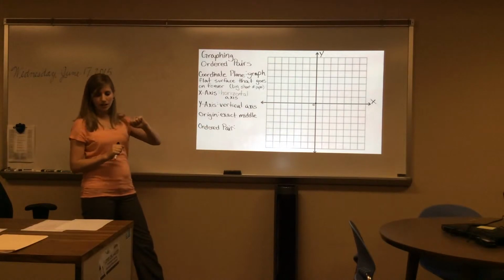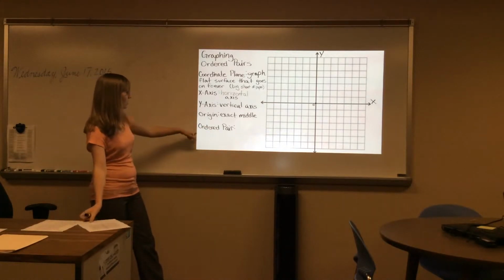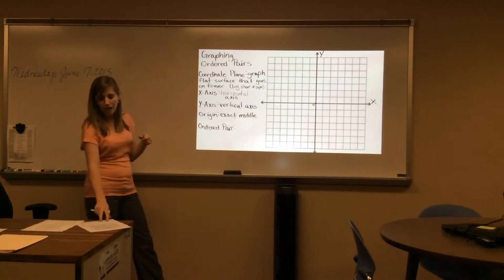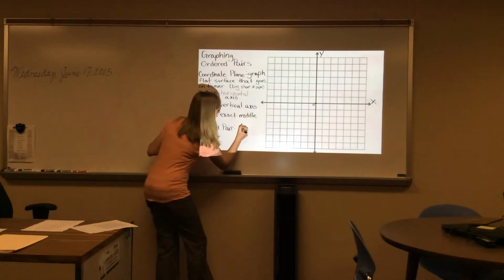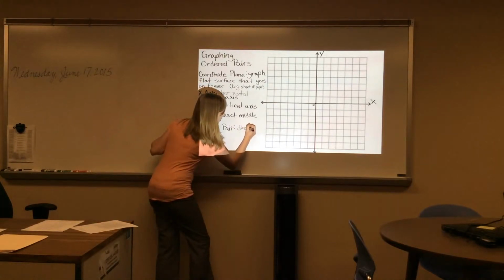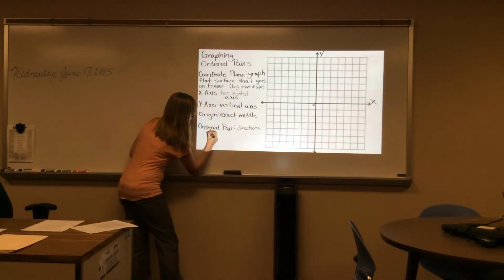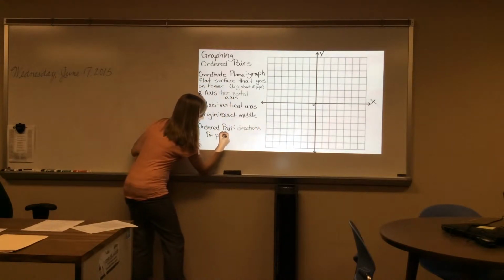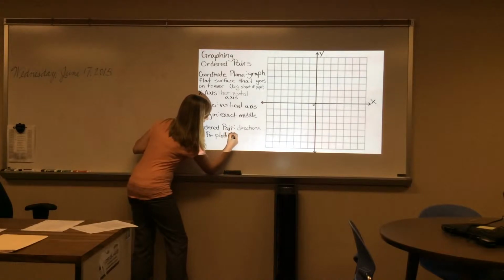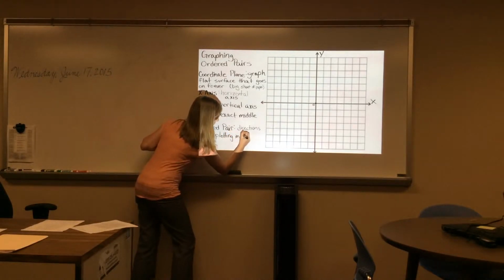And then last but not least is what we're graphing today, the ordered pair. An ordered pair is just the directions for plotting individual points.